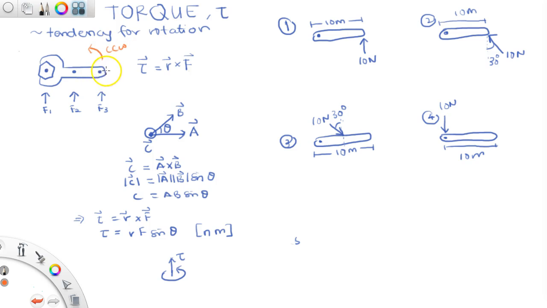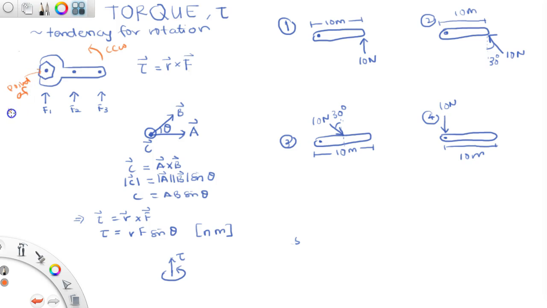If you give the same force at this point and at this point, which point will make it easier to rotate the screw? In our experience, we know that it is better to give a force farther from the point of rotation.